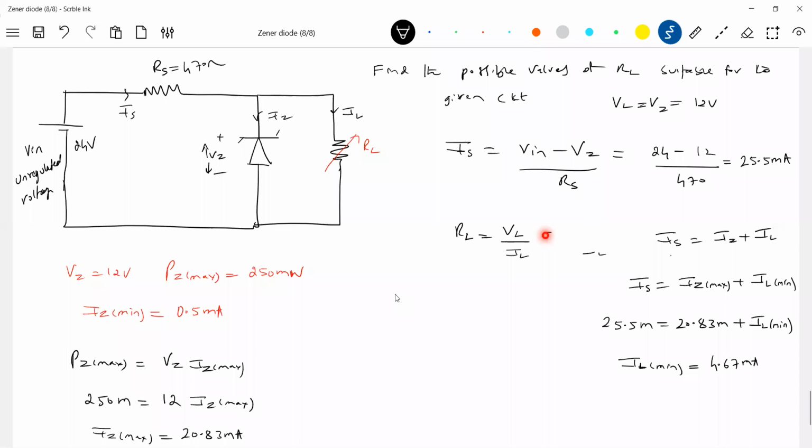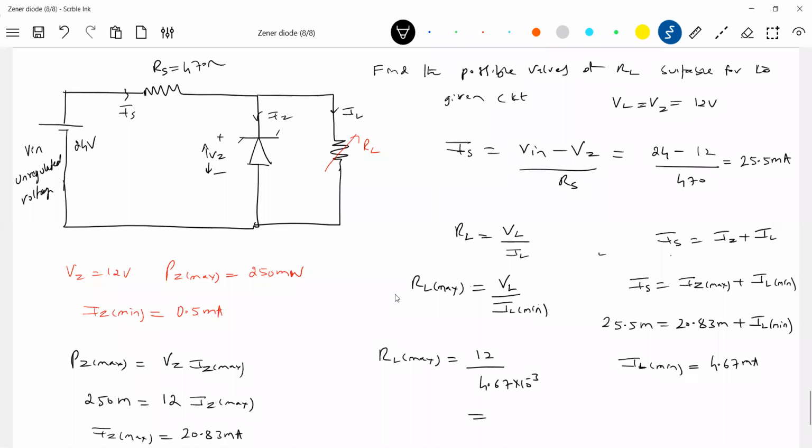If IL is minimum, then RL will be maximum. So RL max is equal to VL by IL minimum. We know VL equals VZ, substitute and we get RL max: 12 by 4.67 into 10 to the power of 3. You will get the maximum permitted value of RL for this circuit.